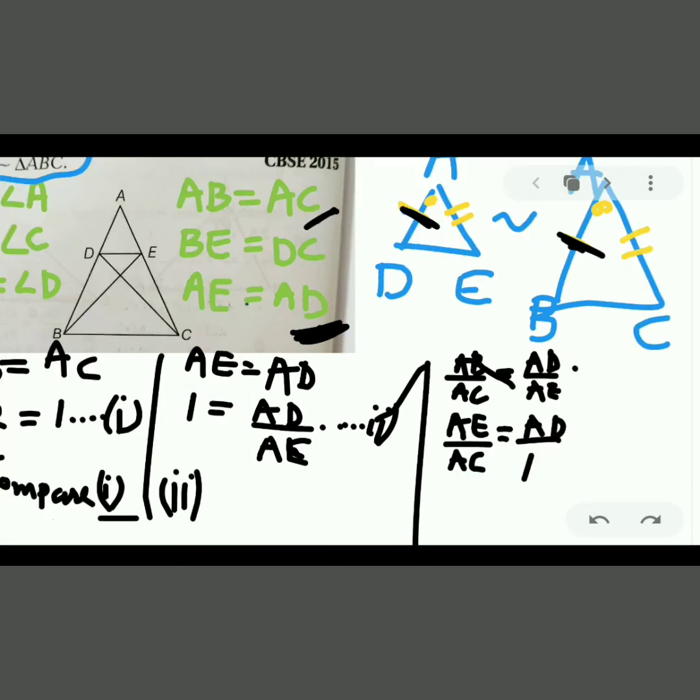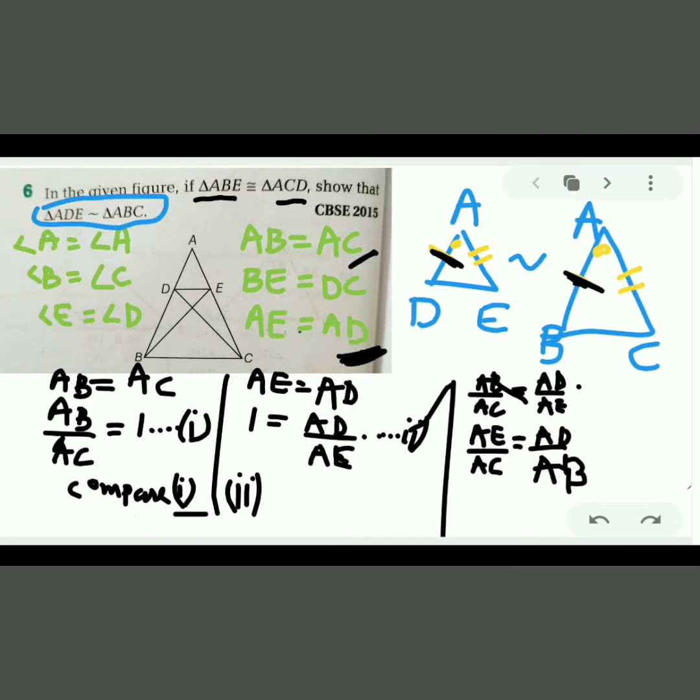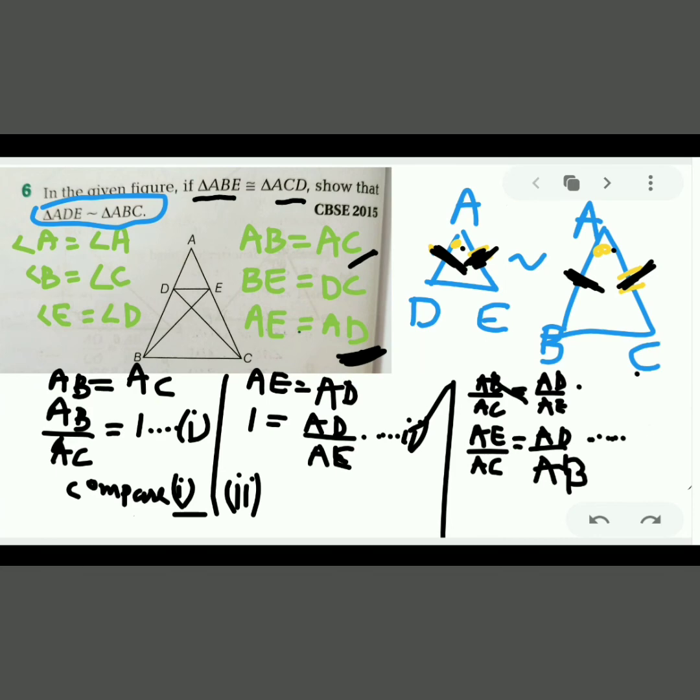We can write it as AE by AC, AD stays at its place, but AB will come down, so down we will write AB. So now we want this condition, and we got AD by AB and AE by AC, and angle A is common. So this is our condition number 3.